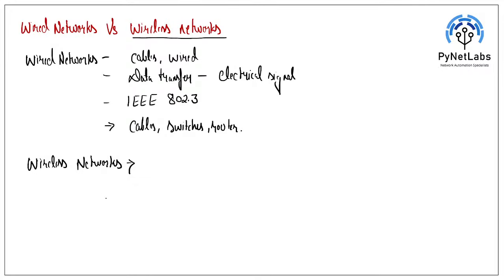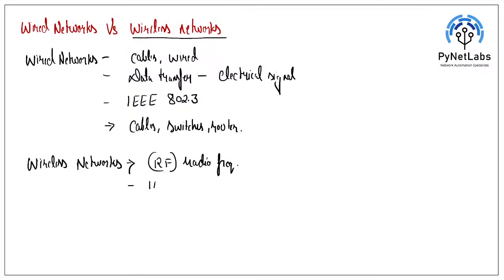Whatever data travels from one side to another uses some transmission medium. With wireless networks, we need radio frequencies, so I'm simply writing RF, radio frequencies. Radio frequencies are required to make sure there is wireless connectivity.